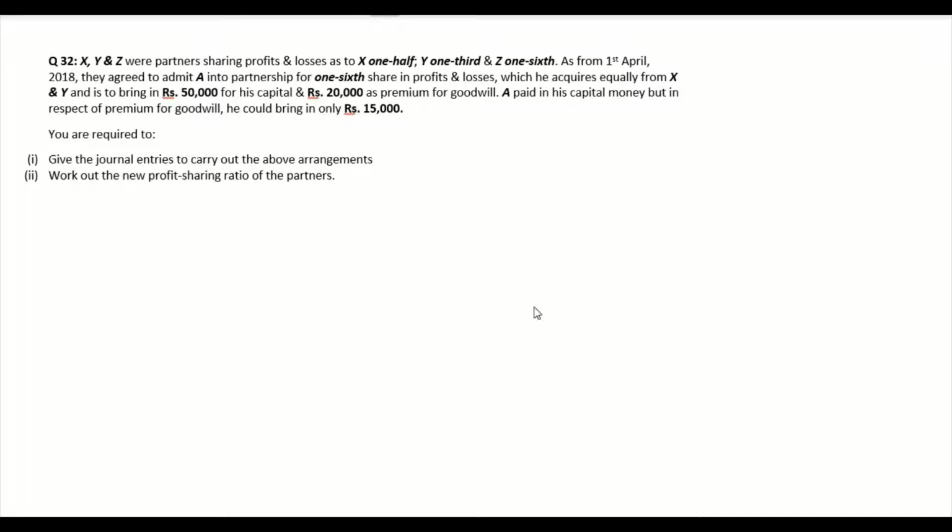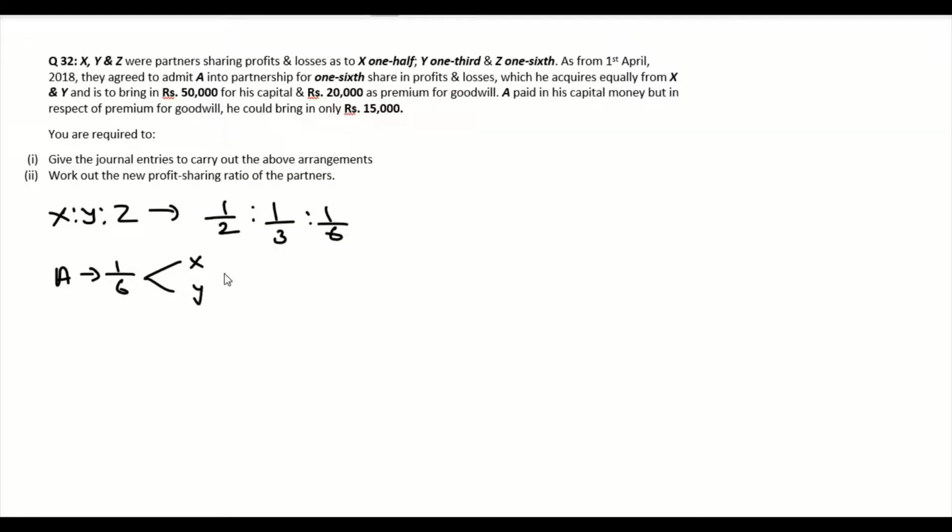Okay, so let's understand the question here. We have three partners here, X, Y and Z. Their profit sharing ratio is 1/2 : 1/3 : 1/6. They admitted a new partner A for 1/6 share of profit, which he is acquiring from both X and Y in 1:1 ratio.